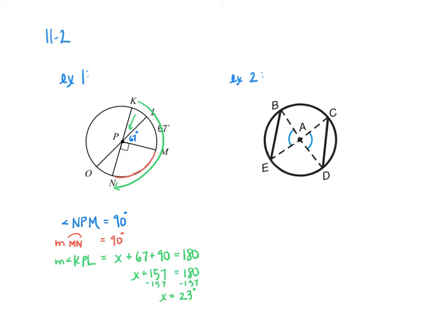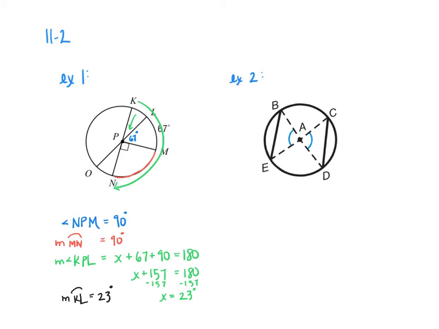Which also means that the measure of arc KL is 23 degrees.